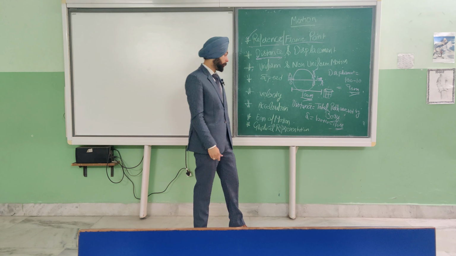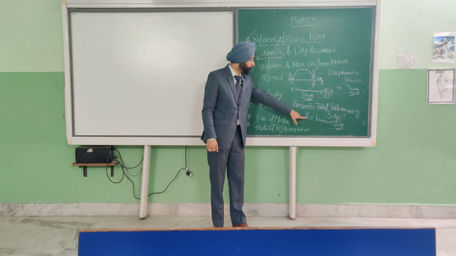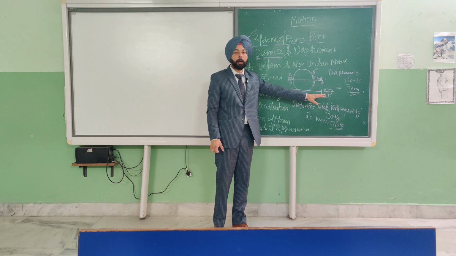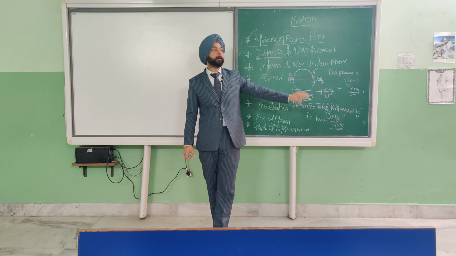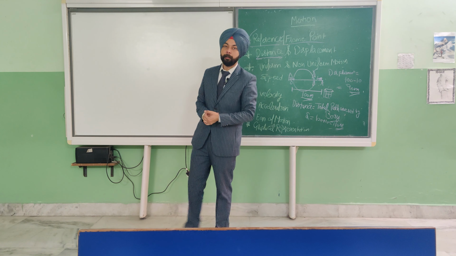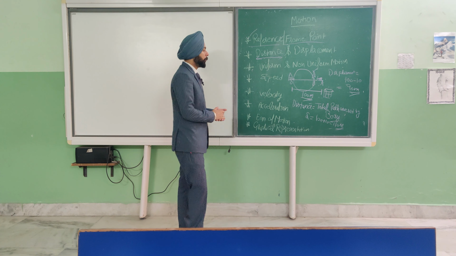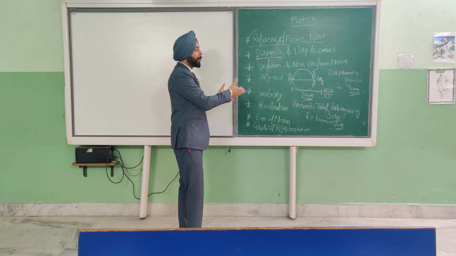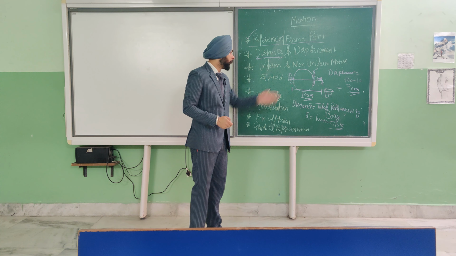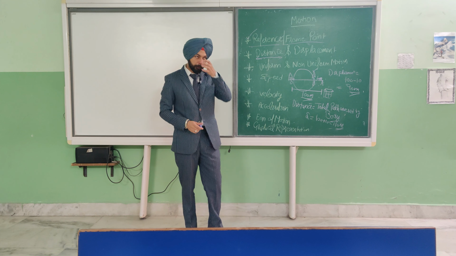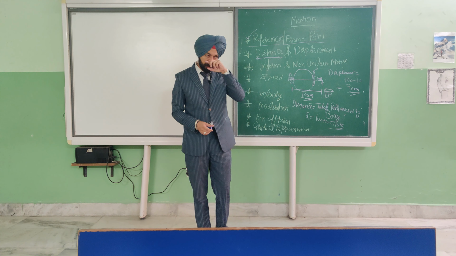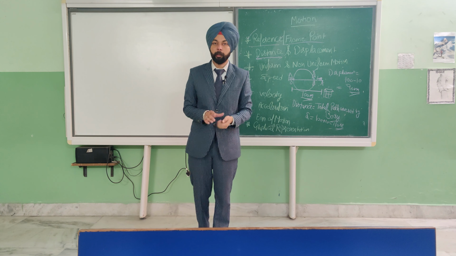Observe this thing: in distance we add the total path, and in displacement we subtract. So this is distance and displacement. I hope you understood. For the numericals I will share an assignment with you.